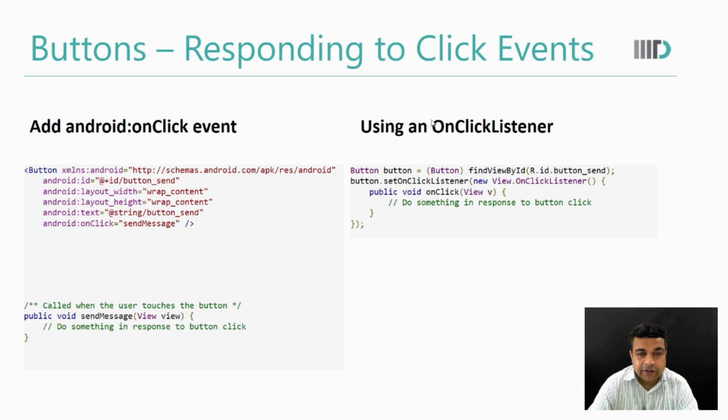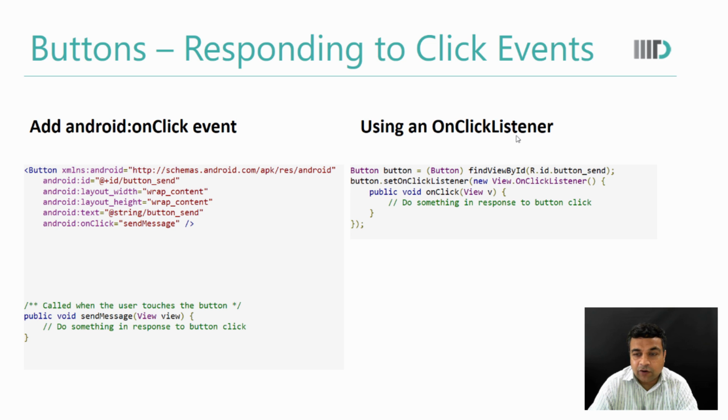There are two ways in which a button responds to click events. Number one, in the XML itself. For example, here you can define the message, and then later on you can give the complete definition of the message on what happens when the on-click event happens. This is one way of registering an on-click event with a button.